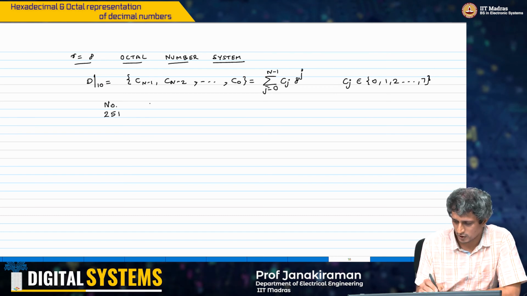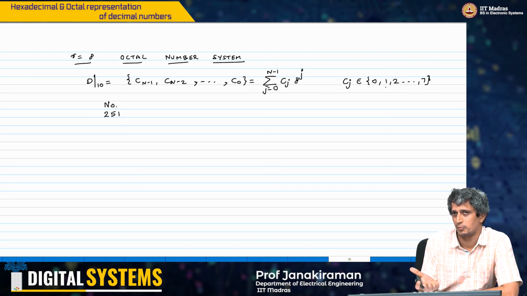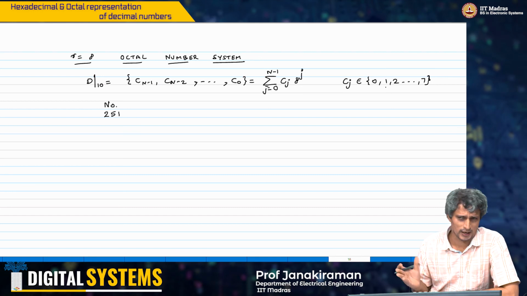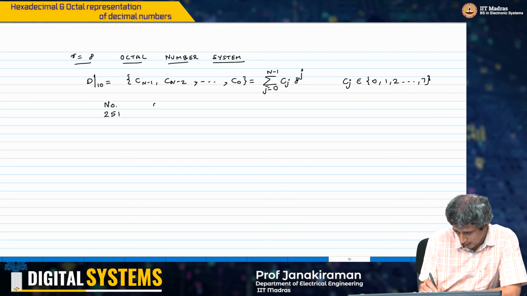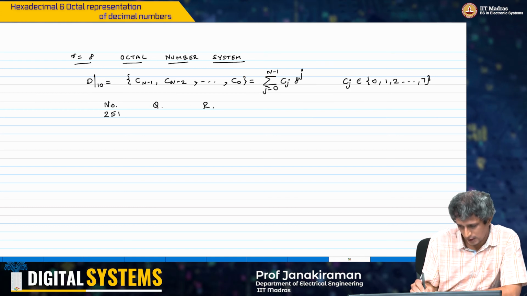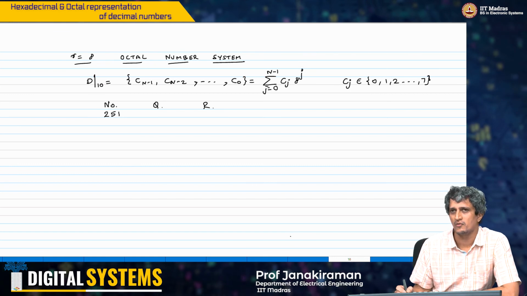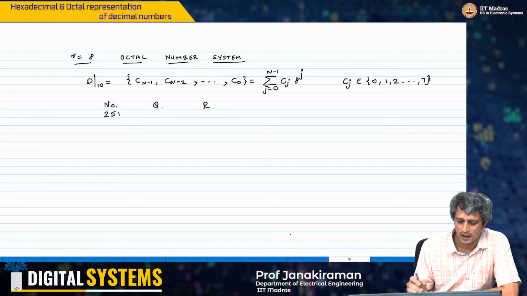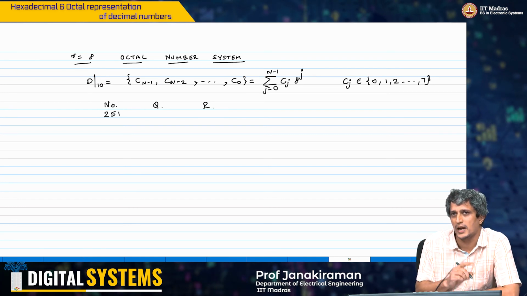So now I don't need to worry about alphabets like I did in the hexadecimal number system. I can just deal with the remainder, as in the decimal number system, looking at the quotient and remainder. I am trying to convert the decimal number 251 into an octal representation, that is base 8.